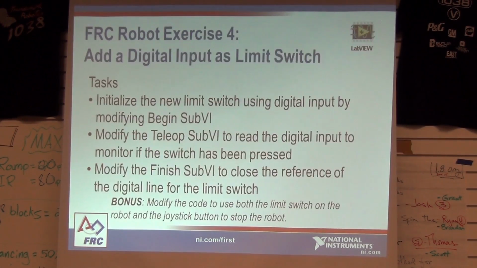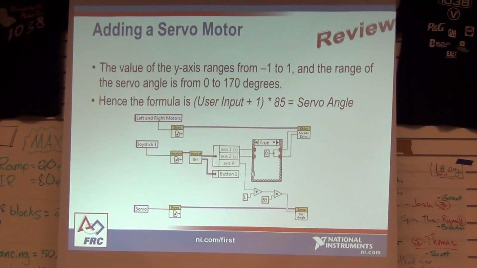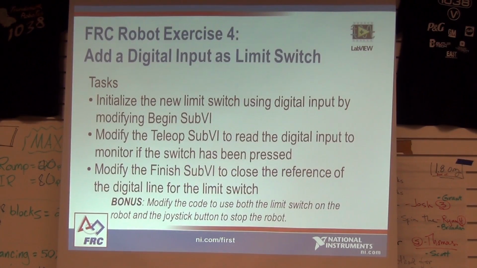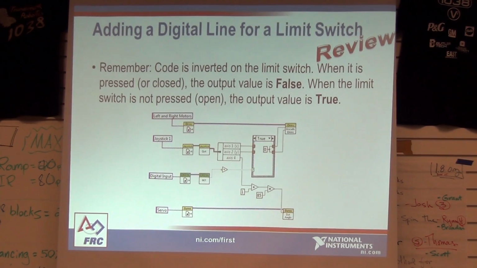Let me back up. Okay, so this is just stepping through an exercise where it's telling you to initialize a new limit switch using the digital input, and then modify that tele.vi to read the digital input to monitor if the switch has been pressed, and then ultimately you're going to finish.